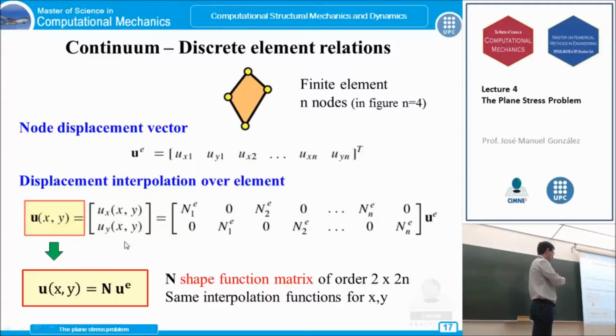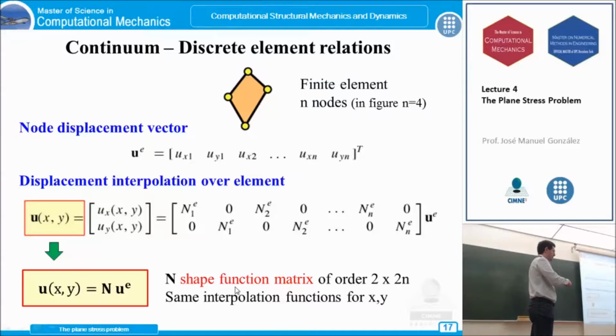So we jump from the continuum function to a discrete function using these interpolating functions, and in a simpler way we can express this displacement with a matrix expression N times u_e for any element, taking into account that each shape function corresponds to one of the nodes in the element.